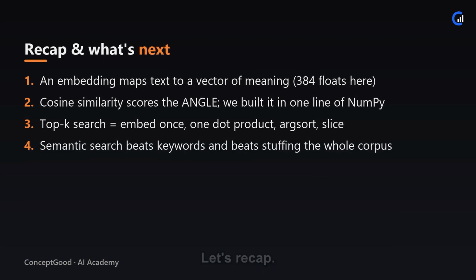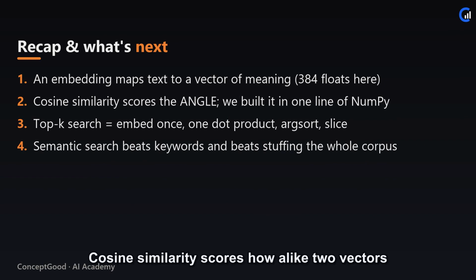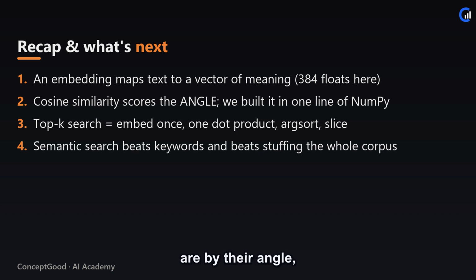Let's recap. An embedding maps any text to a vector of meaning. Cosine similarity scores how alike two vectors are by their angle, and we built it in a single line of NumPy. Stack those together and you get top-k semantic search: embed the corpus once, score everything with one dot product, sort, and slice.